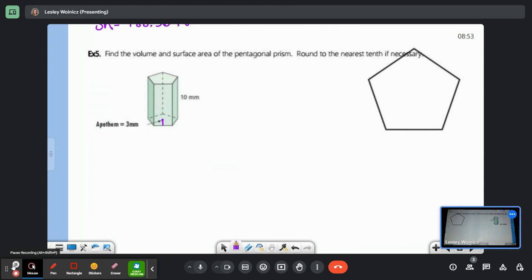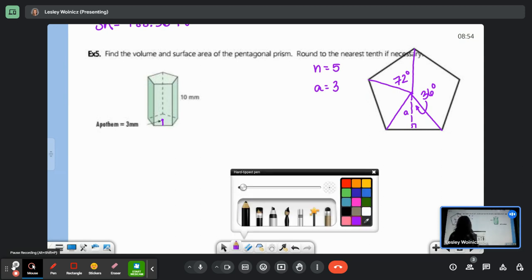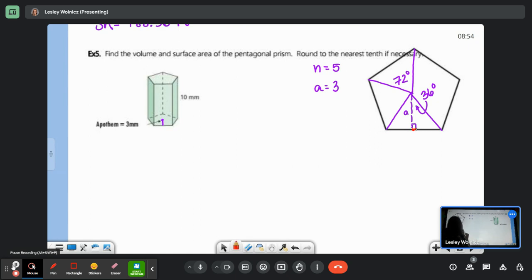Okay, do you need me to do this with you or do you want to try it on your own? Why don't you see if you can find the side length? Whoops. It's not cosine anymore, is it? Opposite over adjacent. Yeah. Let's forget I said that.